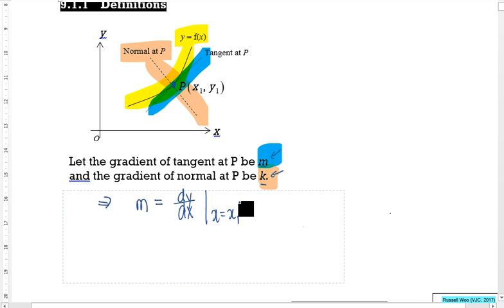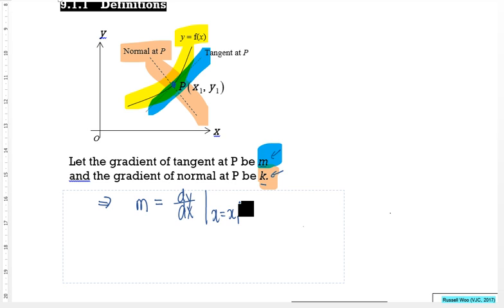Does it make sense? That means you differentiate first, then you substitute a specific value, x1. Later I'll give you an example, but now it's like that.